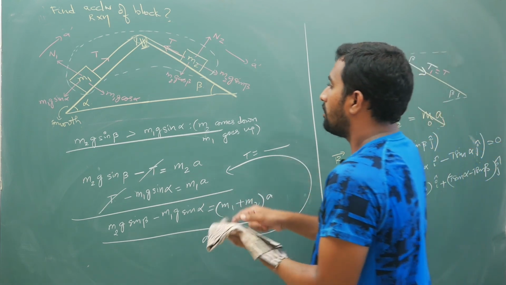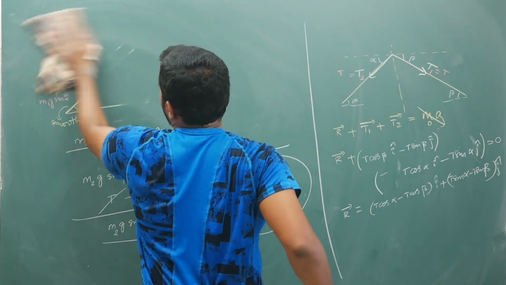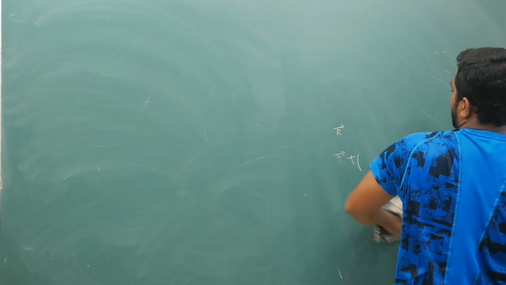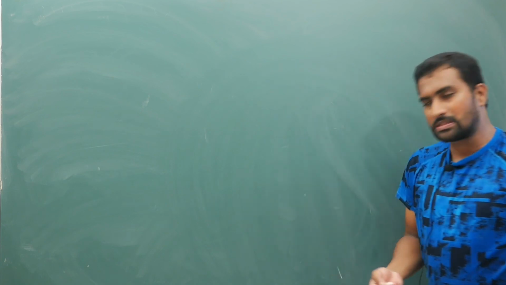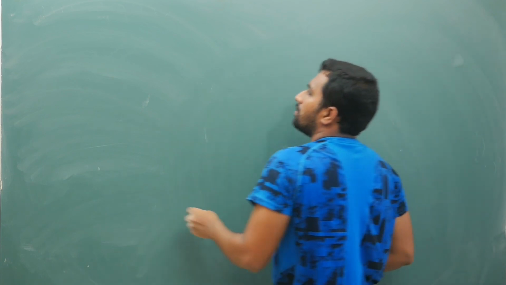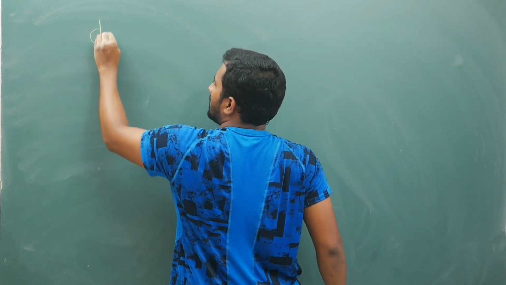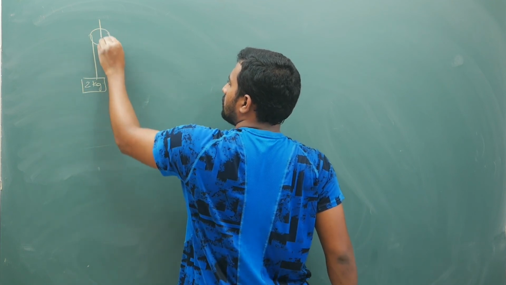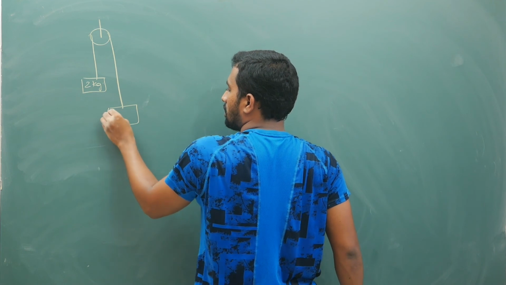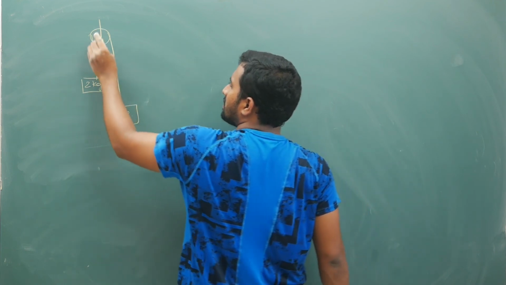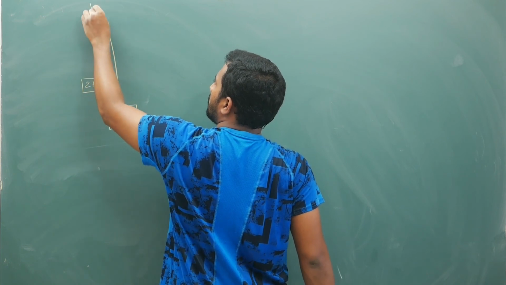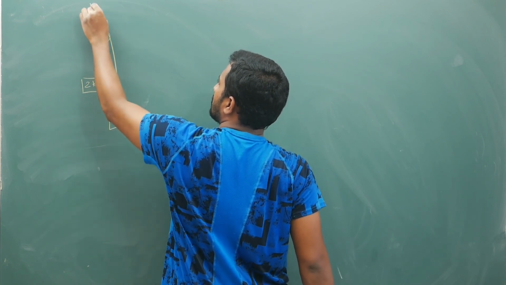Now next, when you are given questions related to the reading of a spring balance, you are hanging some mass and attaching a spring balance. Let us say you have a 2 kg block and a 3 kg block, and you are attaching this to some spring balance like this.